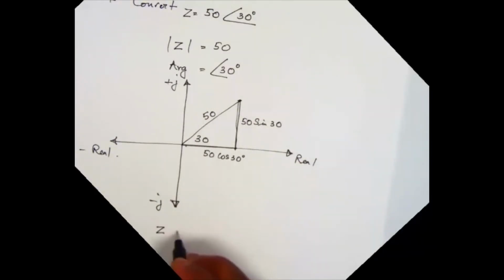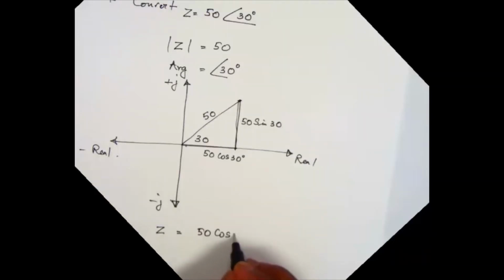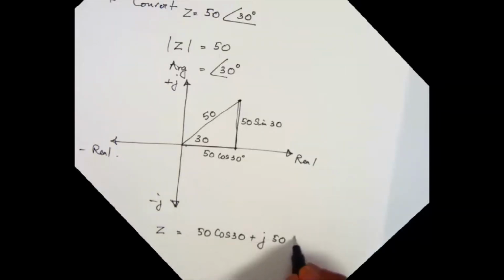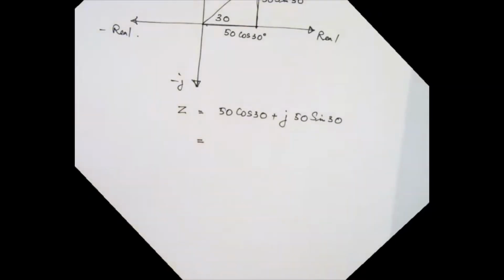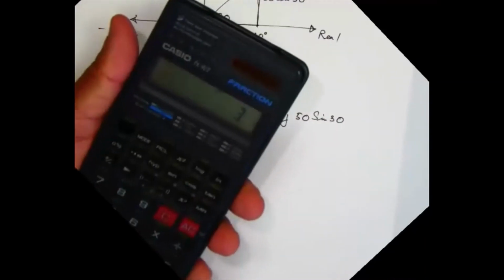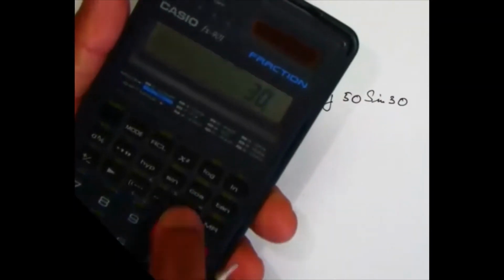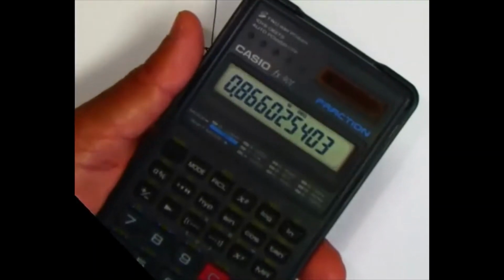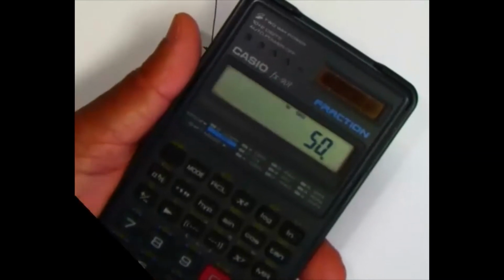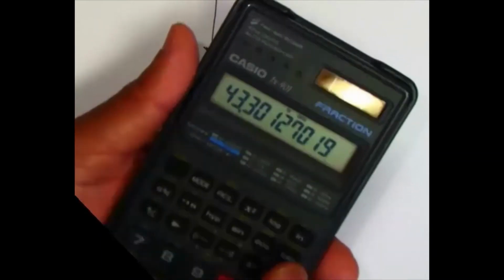So we can write it like this: 50 cos 30 plus j 50 sin 30. So let's find this using our calculator. 30 cos will be 0.866, and when you multiply by 50 you get 43.3.